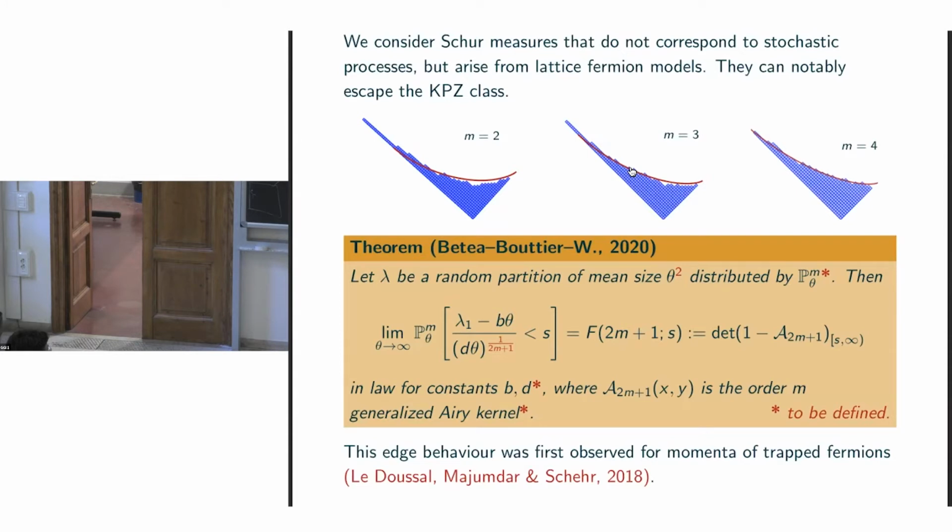And where instead of the Tracy-Widom distribution, you have this very natural higher order generalization. So here, rather than having a Fredholm determinant of the Airy kernel, we have a natural generalization of the Airy kernel.